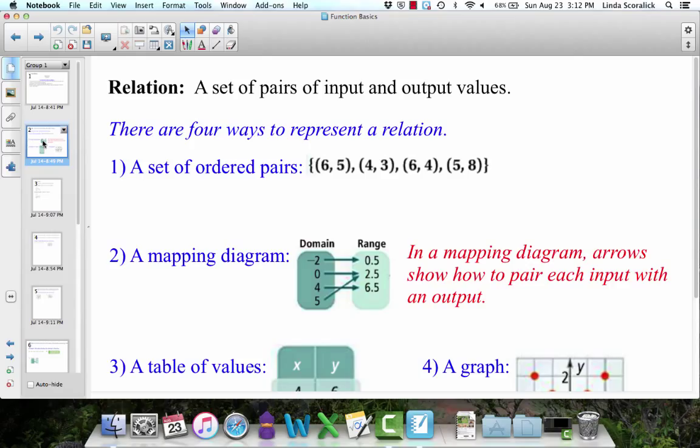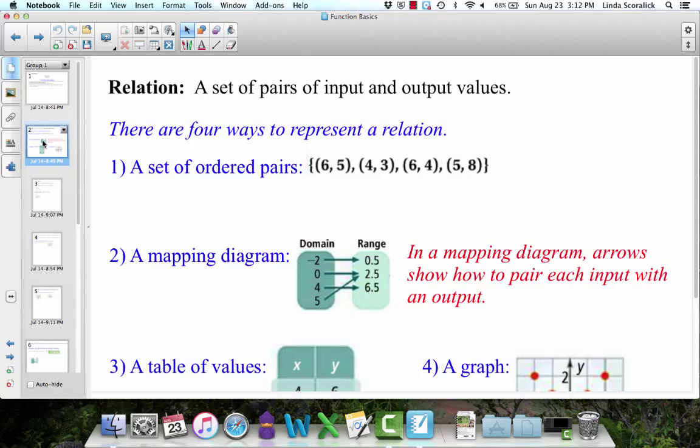So let's take that essential understanding and apply a vocabulary word to it. A relation is a set of pairs of input and output values. So we put a value like, let's say, the number 5 into something, it gets modified, and then an output is released.